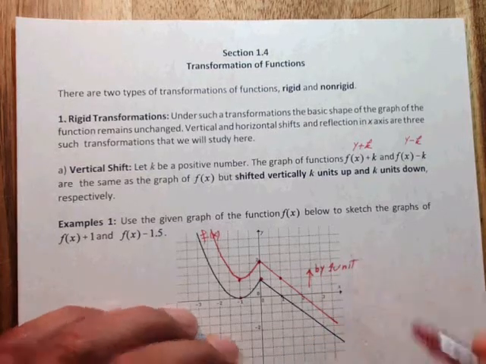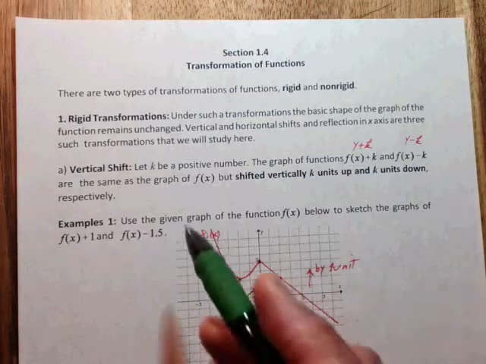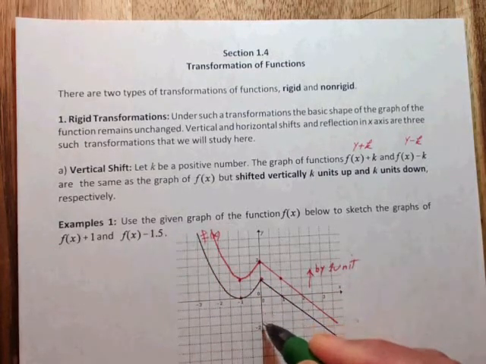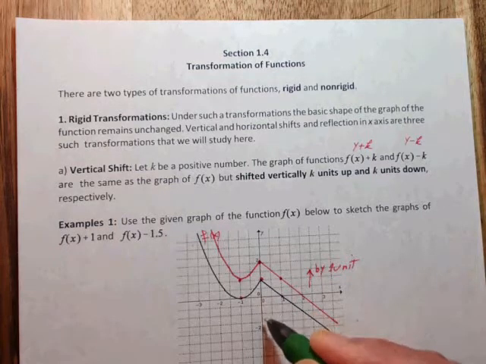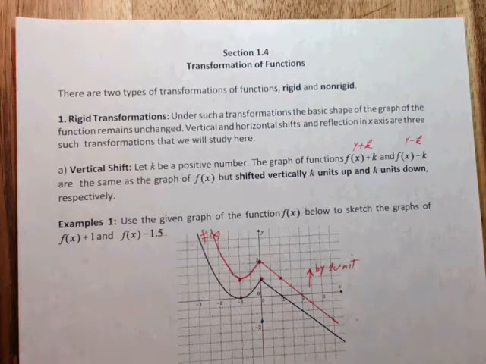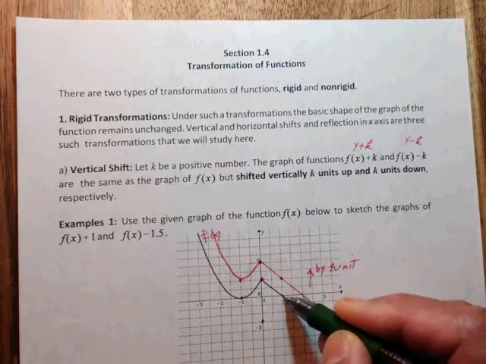Okay. Now if you want to do the other one, f of x minus 1.5. So here is 1.5. So this point goes to 1.5, right here. This is my green one. Then this point goes down 1.5 units.